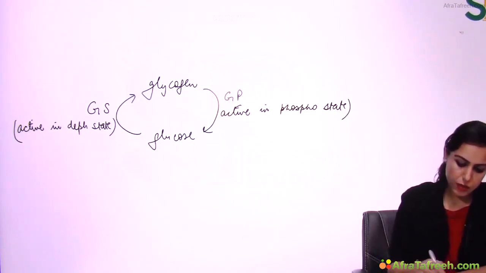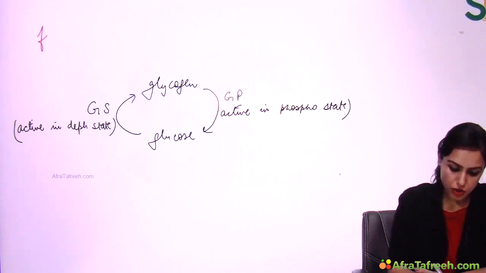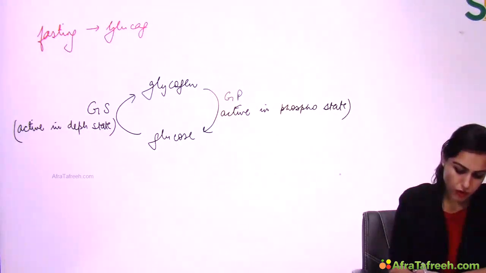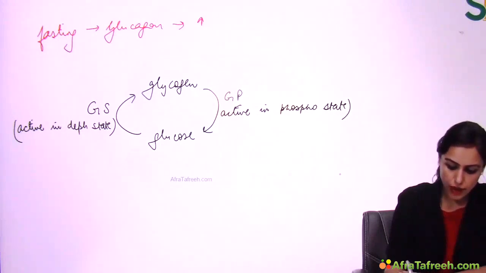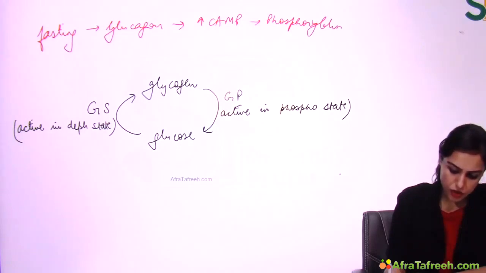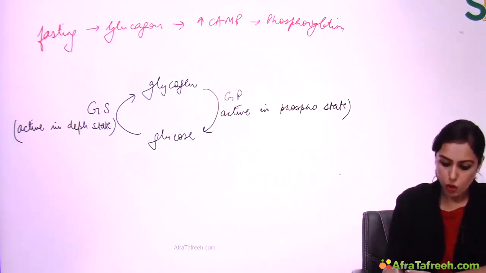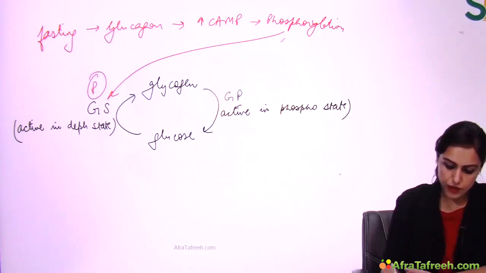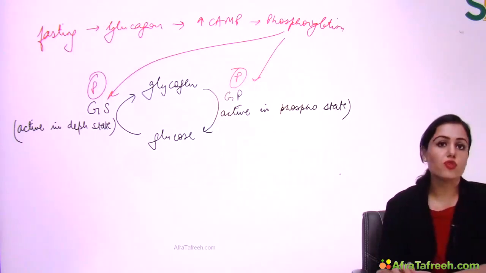Now on this I will apply fasting situation and fed situation. In fasting situation, hormone glucagon will be activated. Glucagon will activate cyclic AMP. Cyclic AMP will cause phosphorylation, and at this point of time in the body, all the enzymes will be phosphorylated. Glycogen synthase is also phosphorylated.